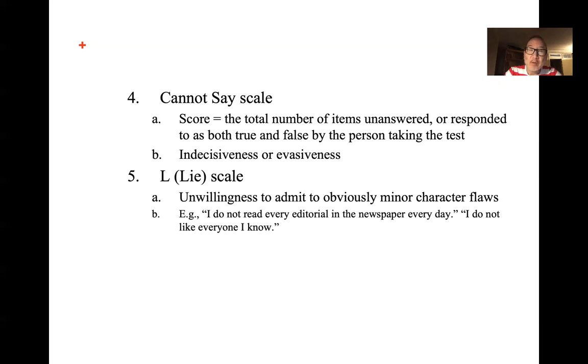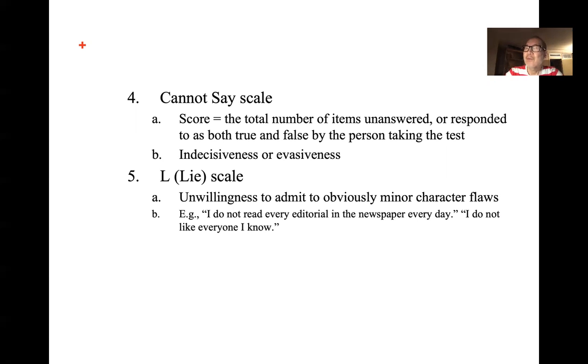The lie scale, as mentioned earlier, reflects an unwillingness to admit to obviously minor character flaws. So if they would say, I do not read every editorial in the newspaper, false, I read every editorial in the newspaper. Who does that? In this age, who reads a newspaper, regrettably? I do not like everyone I know. False, I like everyone I know.